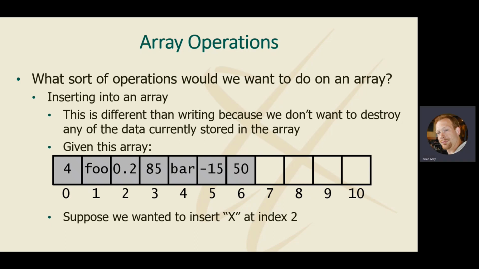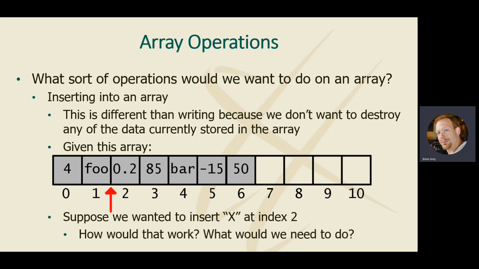So what we need to do is consider that we want to put X in between foo and 0.2. So how's that going to work? What are we going to need to do? Because we can't just put X there, right? Remember, it's not continuous. So we can't subdivide it and just magically find memory.